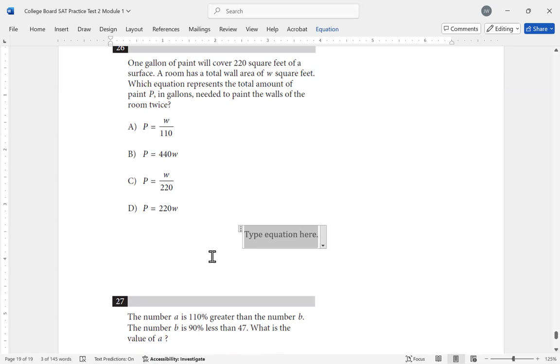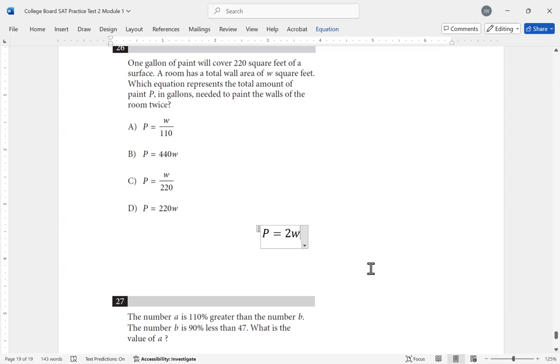So the total paint amount is going to be equal to the number of square feet we have to paint. We're going to have to paint those square feet of the room twice. So we're going to have to paint this many square feet, 2W square feet.